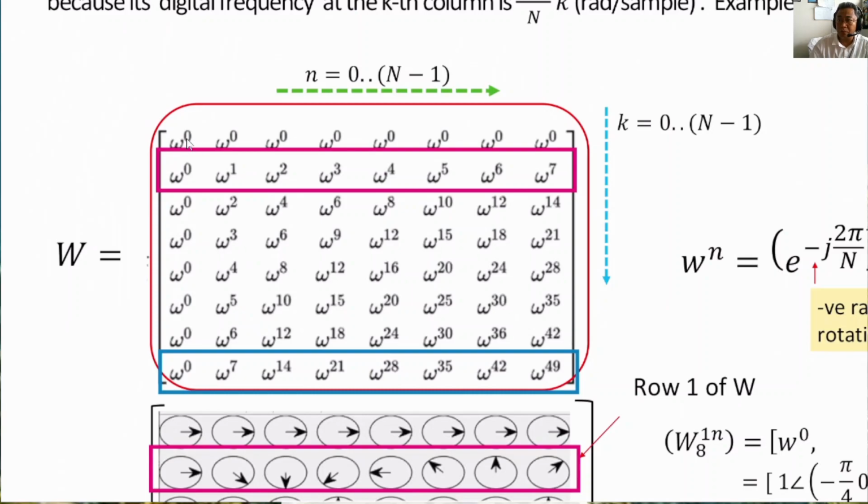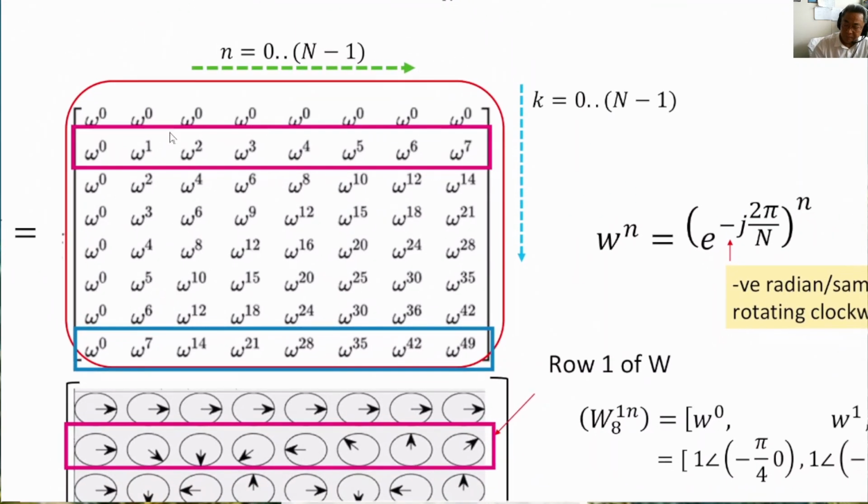So W0 basically means we are substituting W as e minus j 2 pi over n, and we are substituting different values. We just call it n, so there's no more k and n here because we collapse them together. Now you can see very clearly that this matrix has this kind of elements, and it is very special because it is actually also symmetrical.